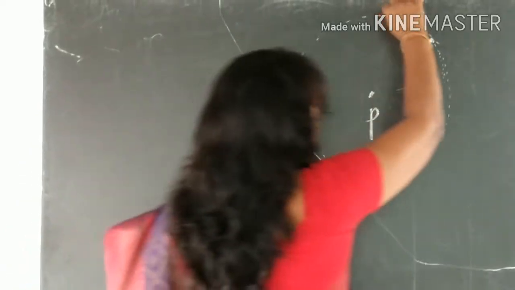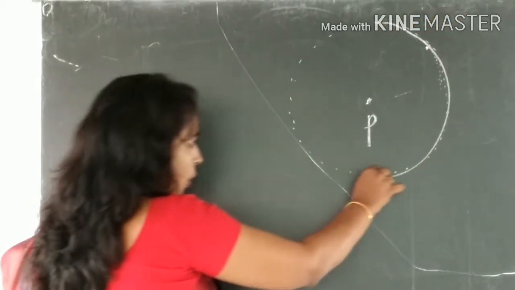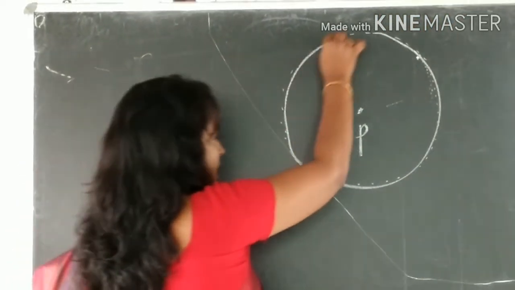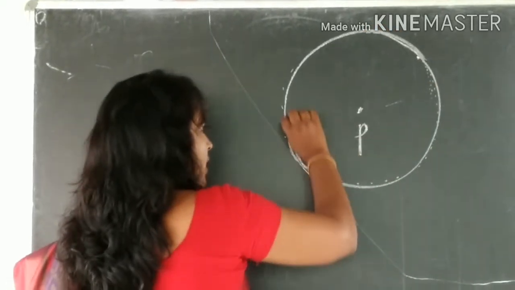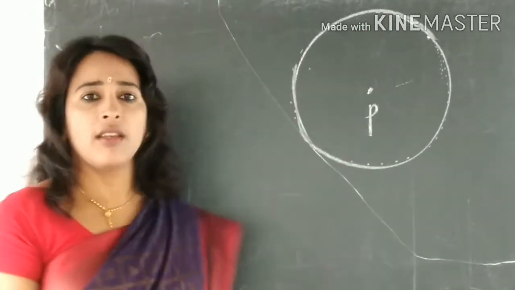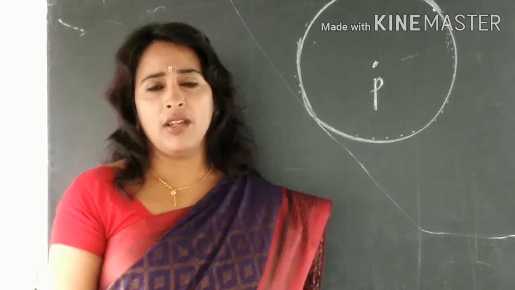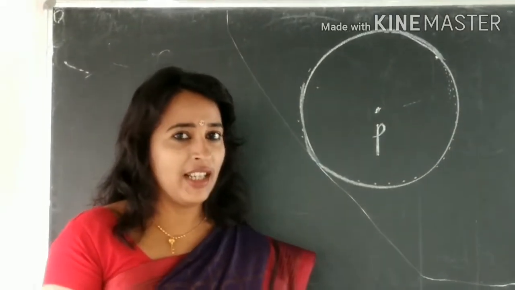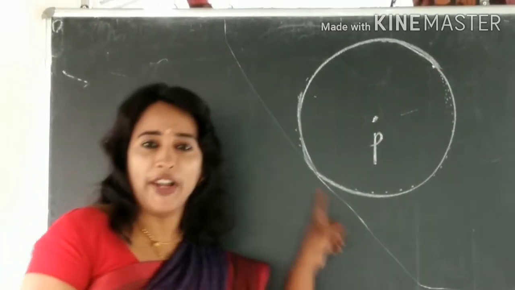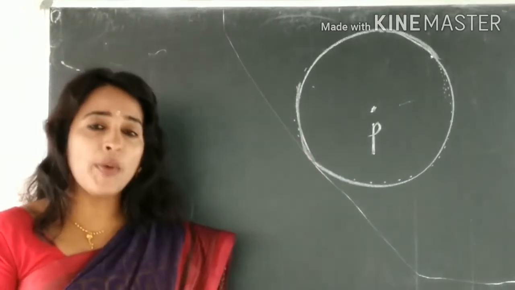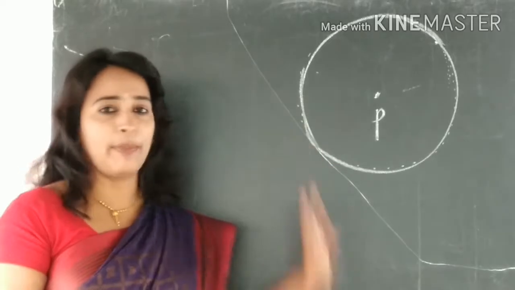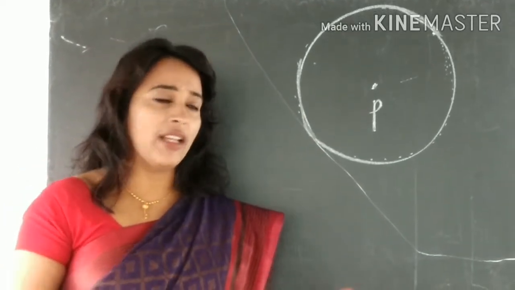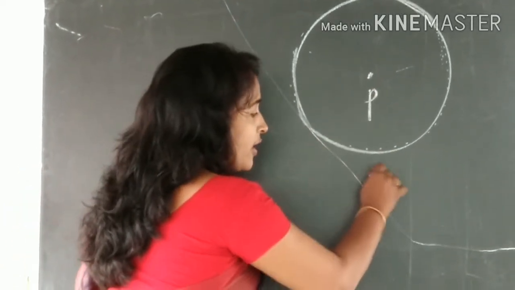So, when I draw this, all the points which keep equal distance from P form a circle. So we define circle in a new way, right? What is a circle? It's a collection of points which keeps equal distance from this fixed point. Now you know very well what this fixed point is called.